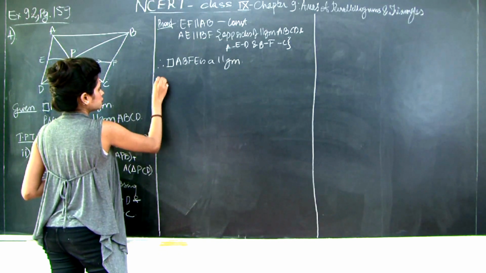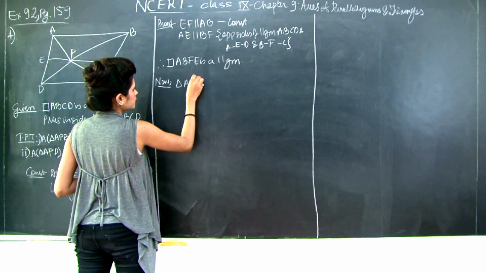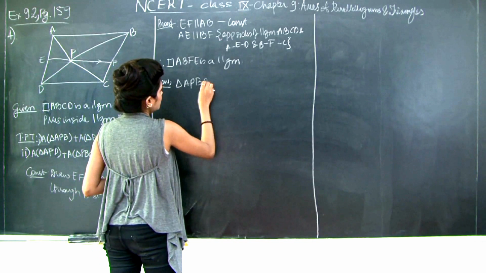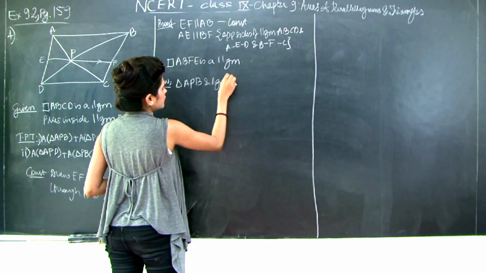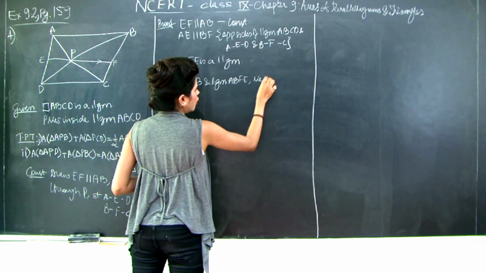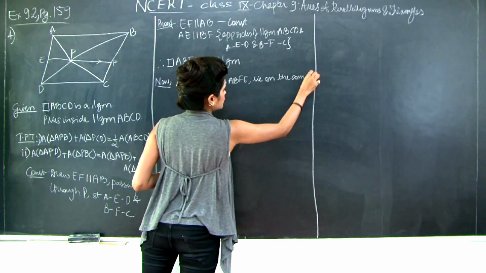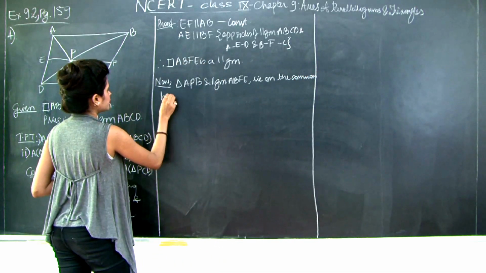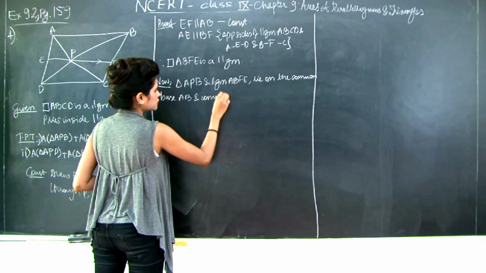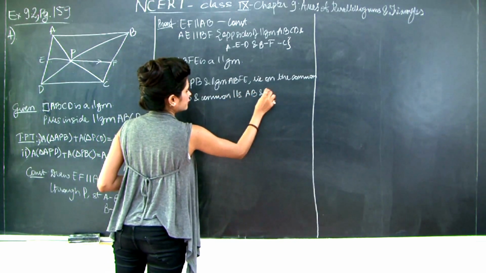Now, triangle APB and parallelogram ABFE lie on the common base AB and common parallels AB and EF.